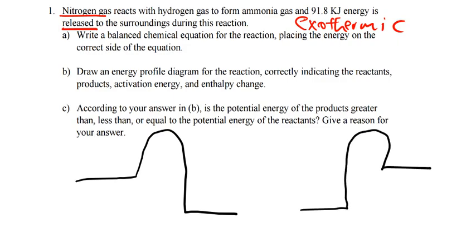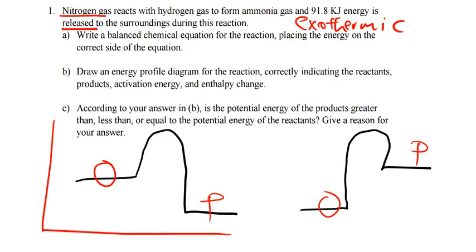One thing that you need to understand is this indicates the reactants, this indicates the products, and on the axis you're talking about the energy. So this implies a reduction in energy, which is exothermic. This is endothermic, an increase in energy. Okay, that's simple to understand, that's simple to see.